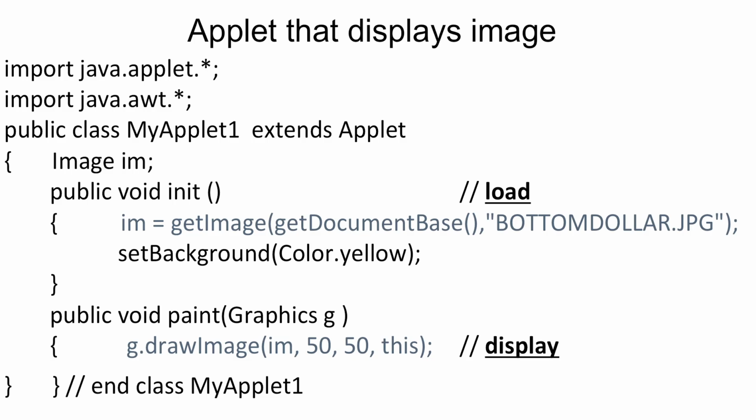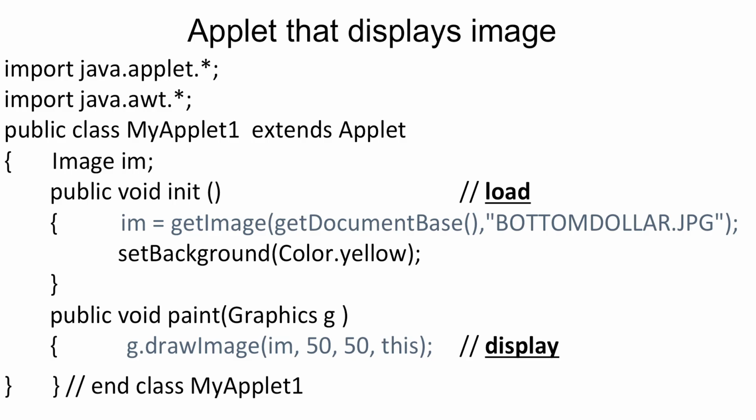This is an object of the applet class, the same class. If we refer to the object of a class inside that same class, then we use the this keyword. So this keyword represents that the image IM will be displayed at the 50, 50 coordinate only inside the same applet where this statement is defined.